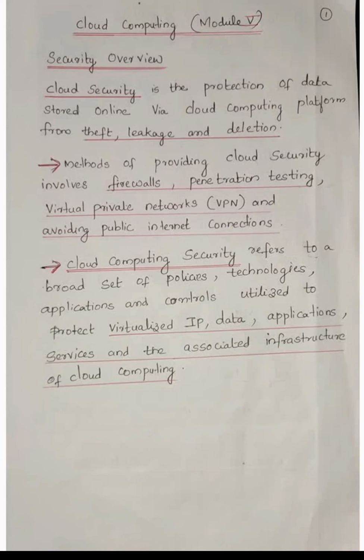Security overview. Cloud security is the protection of data stored online, that is, the data to be protected from theft, leakage, and deletion from the cloud. Methods of providing cloud security involve firewalls, penetration testing, virtual private networks, and avoiding public internet connections.